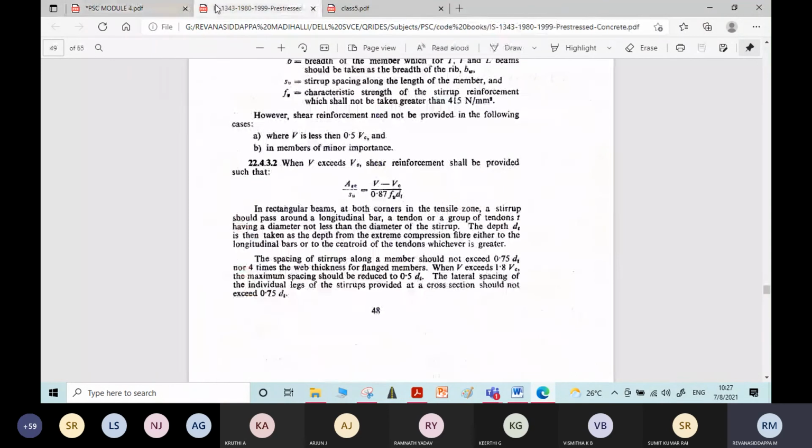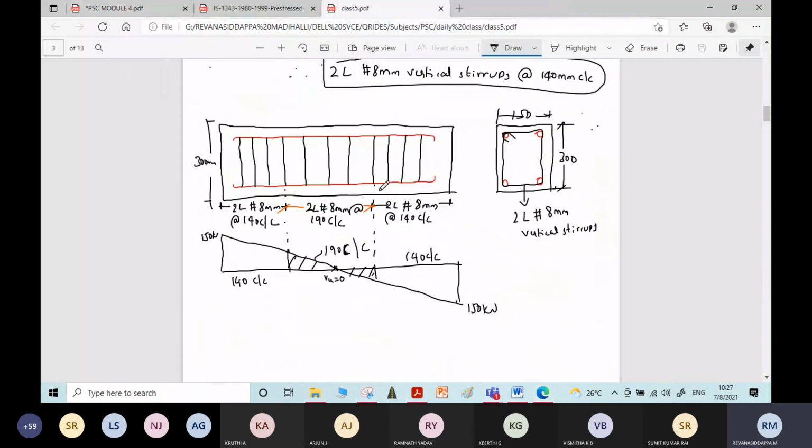Shall we move on to the next problem then? Okay. Repeat once. Yes, yes. Still writing the detailing.